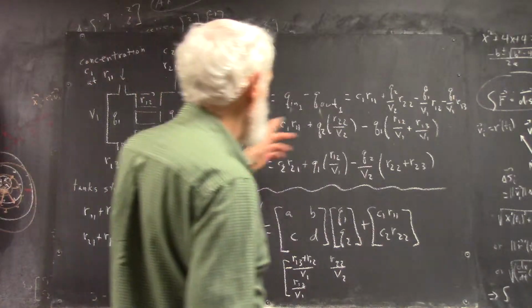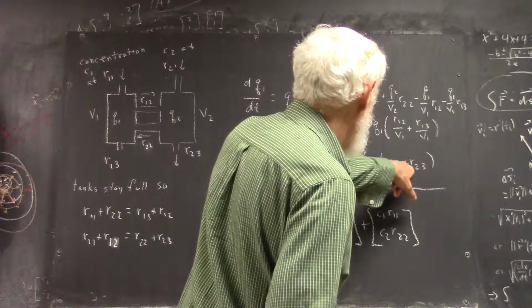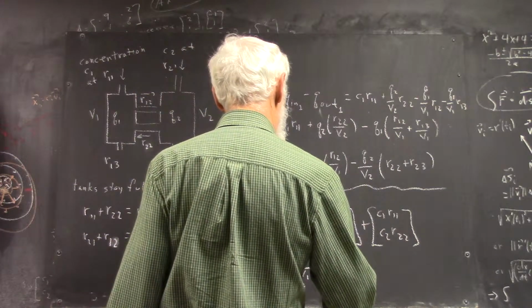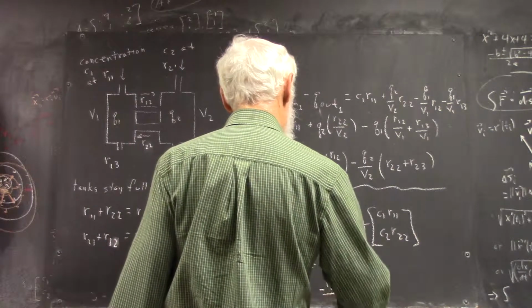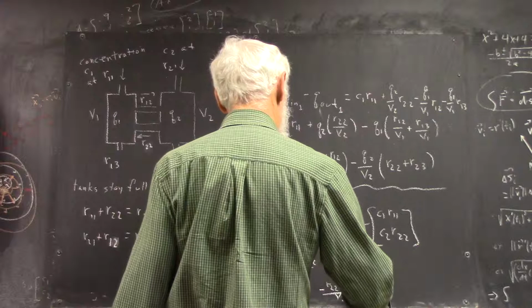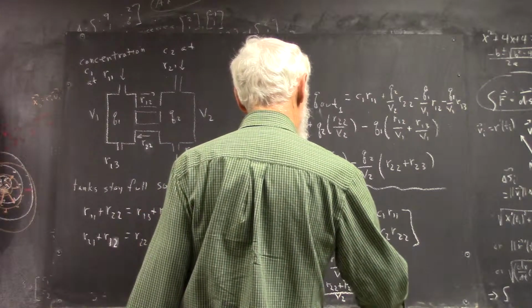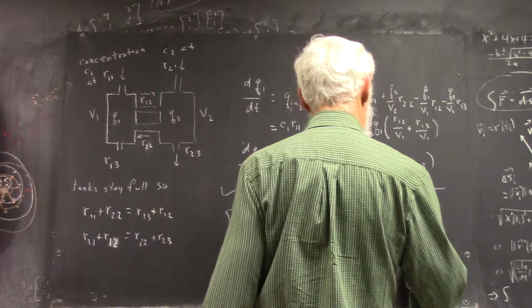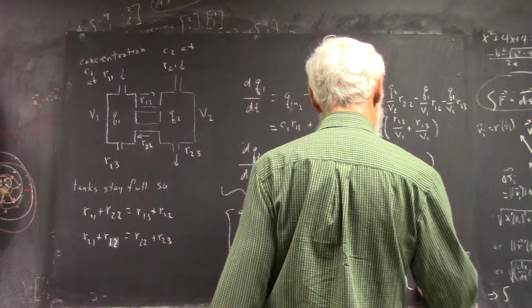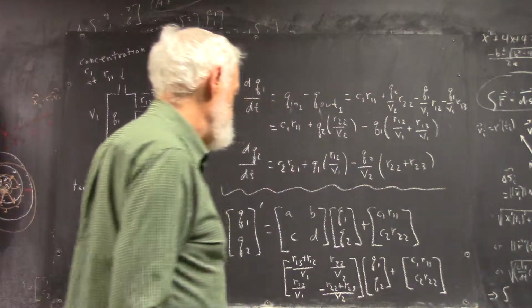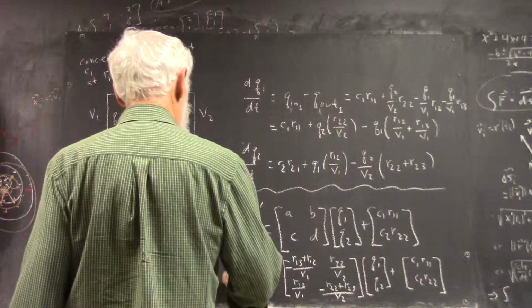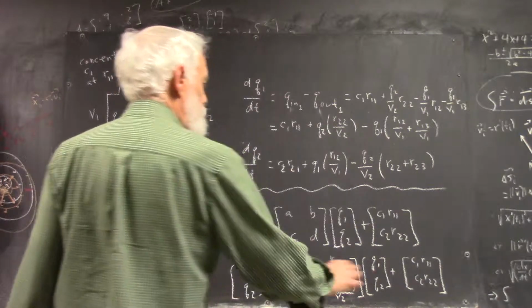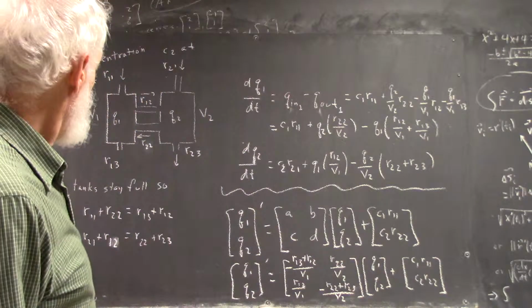And negative of, I got this plus sign right that time, the negative of R22 plus R23 over V2. So there's our equation.